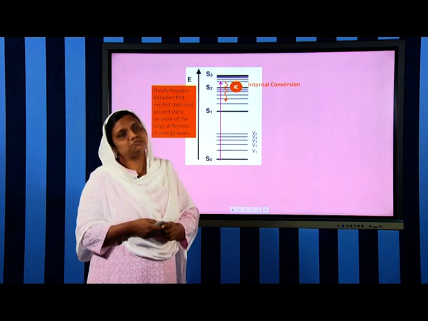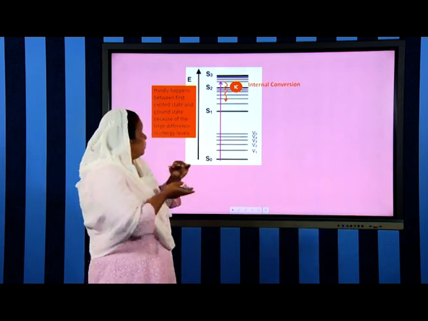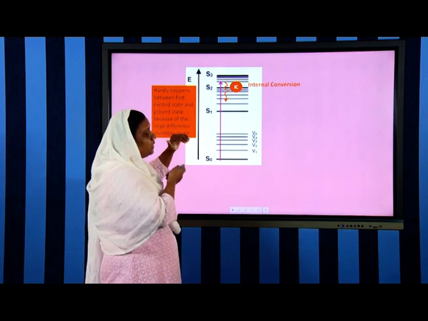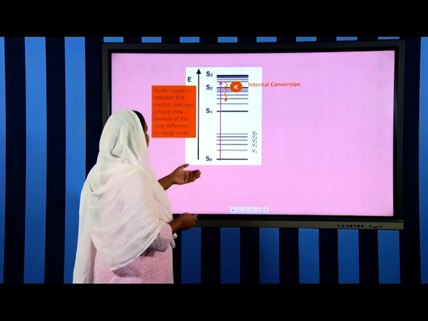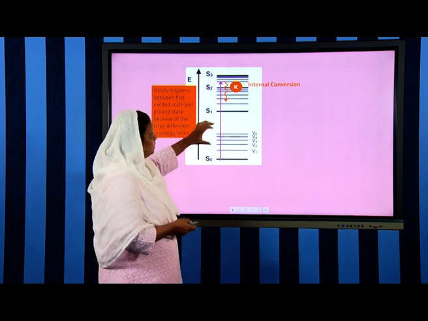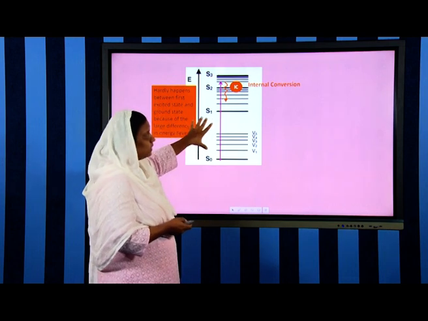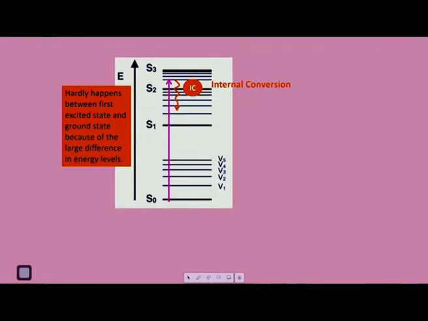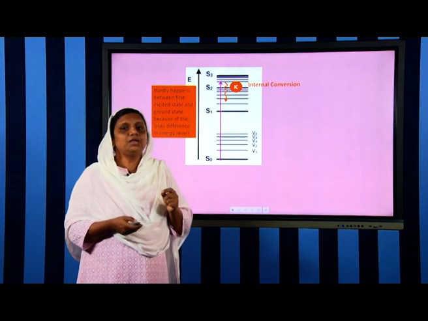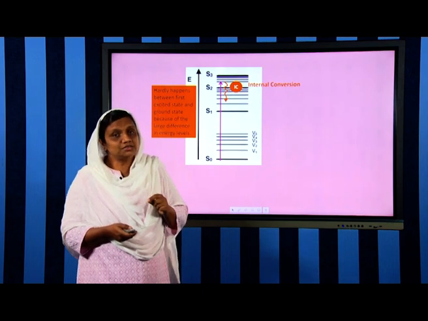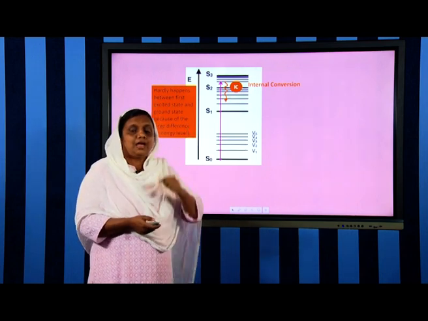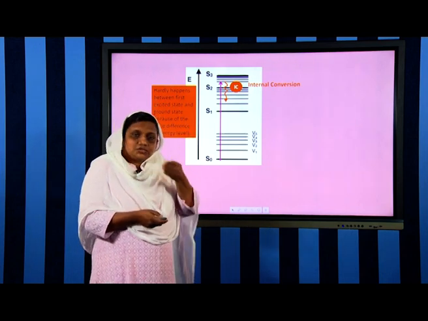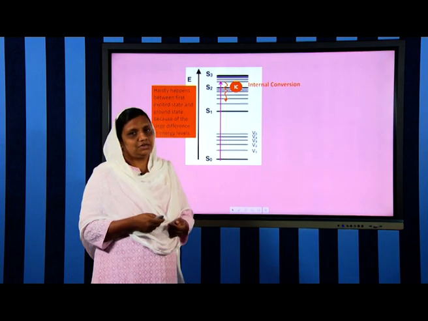The reason is that the energy difference between S2 and S1 is less than the energy gap between S0 and S1. The energy difference between S0 and S1 is very high, so internal conversion is not possible there. Internal conversion is possible only when the species gains energy and goes to the second excited state and above, and then comes back to the adjacent lower electronic state.